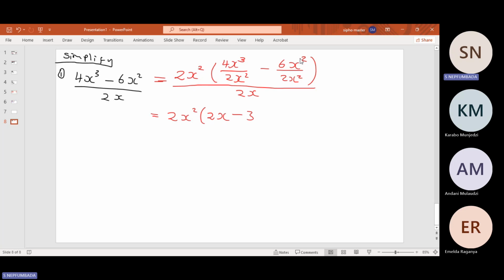And x and x cancel because they're the same. And we have this divided by 2x. Now this x is going to cancel this 2. And this 2 is going to cancel this one. Then it means we are left with x into 2x minus 3. Do you have any question?